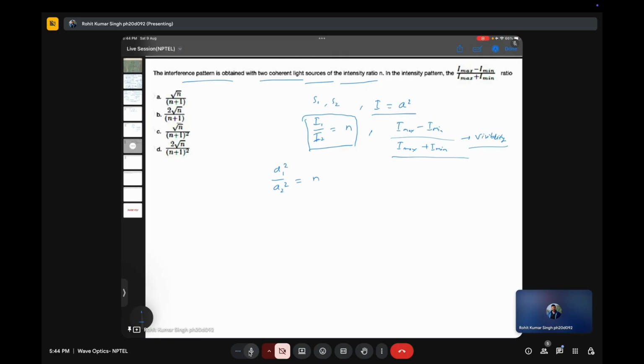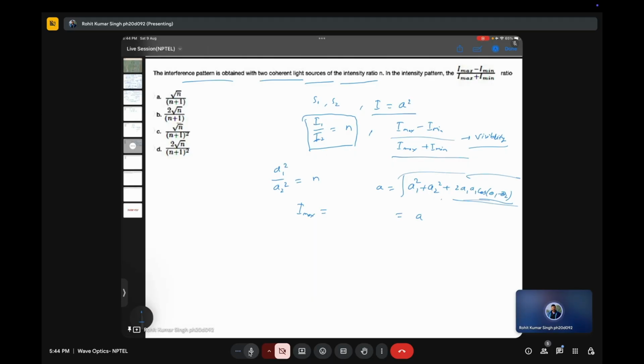Then for I max, we'll find the resultant amplitude. The resultant amplitude we know is A1 square plus A2 square plus 2A1 A2 cos theta 1 minus theta 2. For I max, theta 1 minus theta 2 is 0, so this cosine term becomes 1.